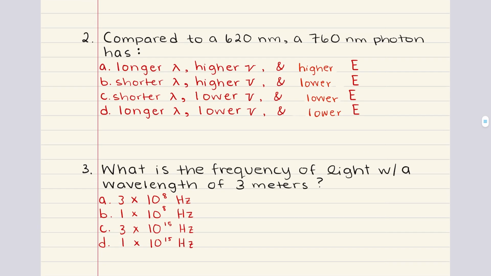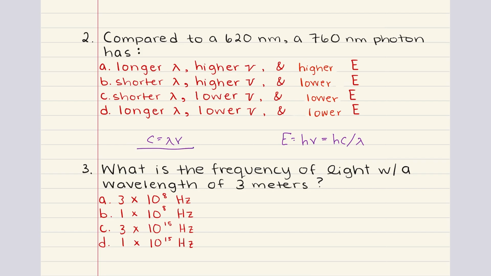Problem 2 says, compared to a 620 nanometer wavelength, a 760 nanometer photon has blink. And in the answer choices, we see that we're comparing wavelength, frequency, and energy. The key equations to remember for this problem are the speed of light is equal to wavelength multiplied by frequency, and energy is equal to Planck's constant multiplied by frequency, and this is also equal to Planck's constant multiplied by the speed of light divided by wavelength.